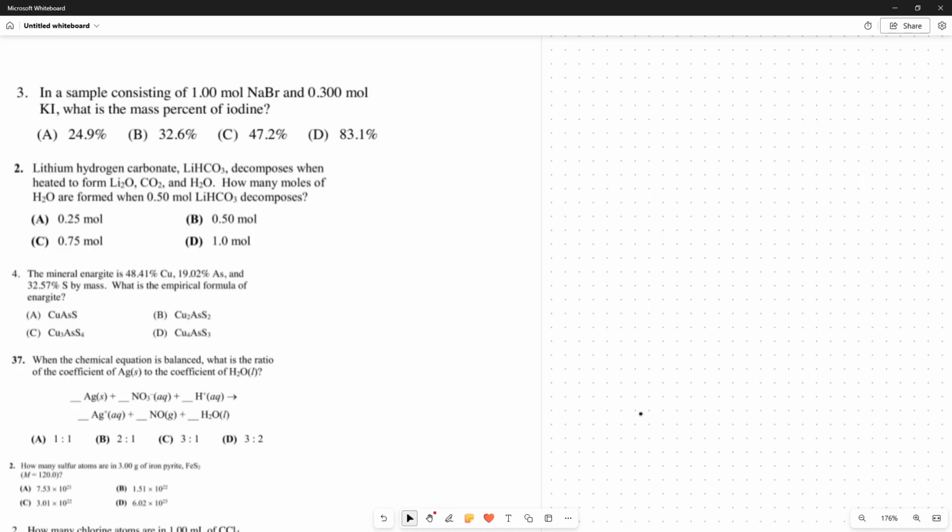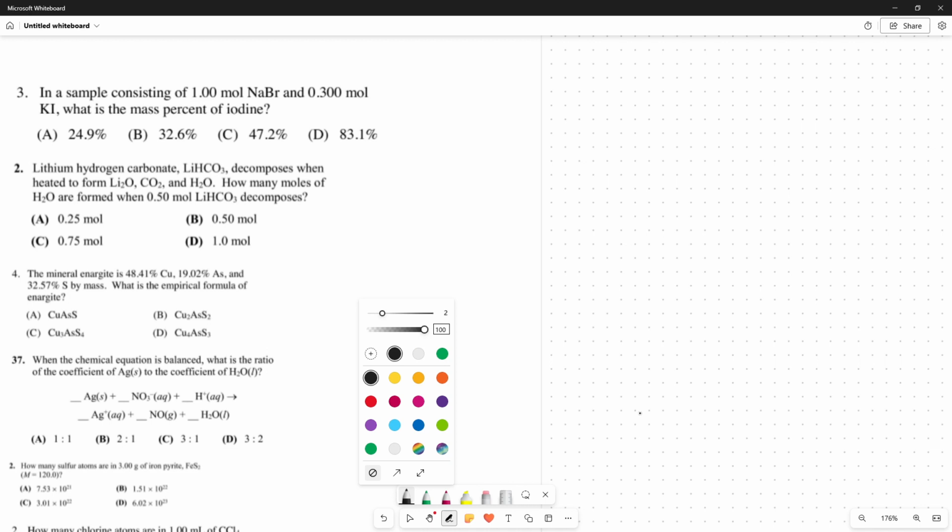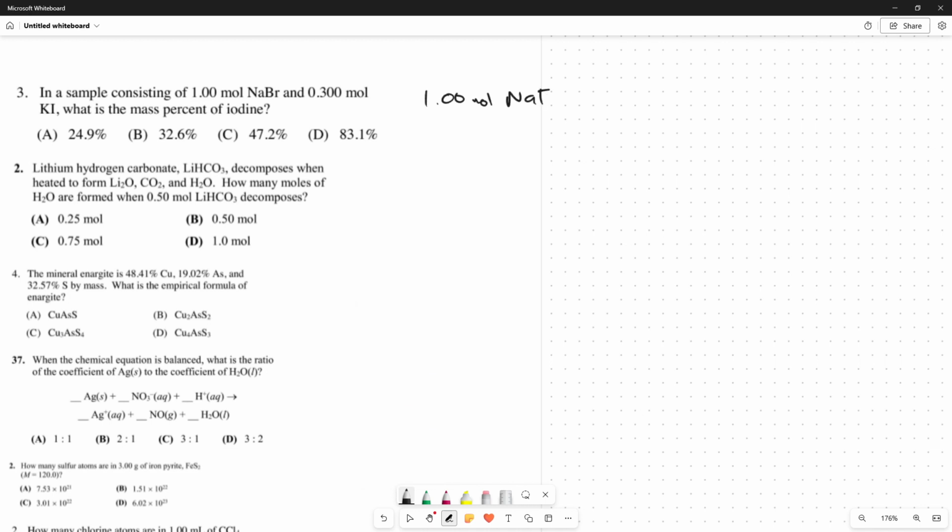Question number 3: in a sample consisting of 1 mole NaBr and 0.3 moles of KI, what is the mass percent of iodine? So we have 1 mole of NaBr, and we have 0.3 moles of KI.